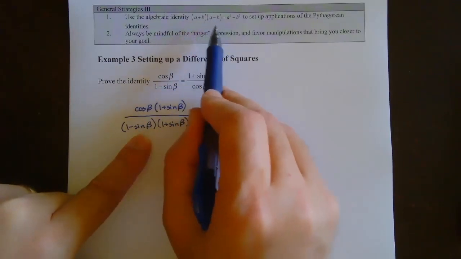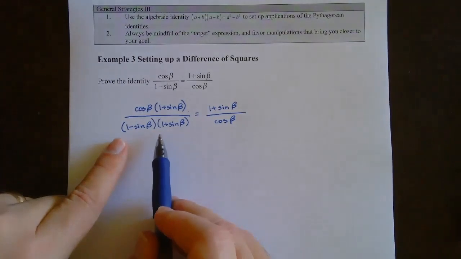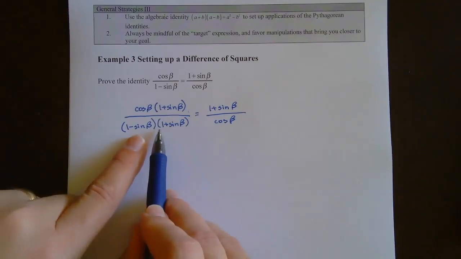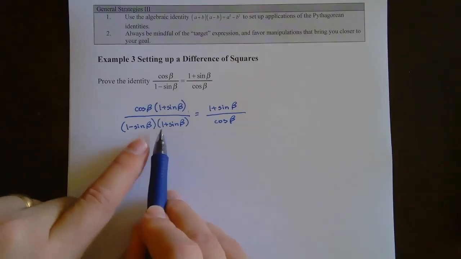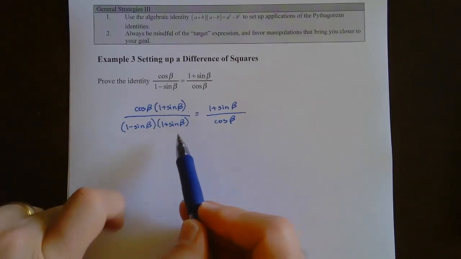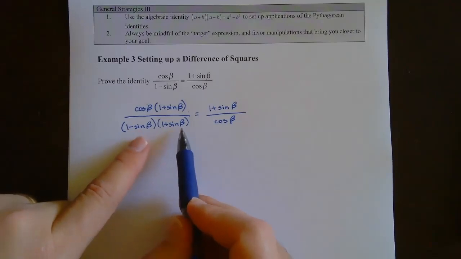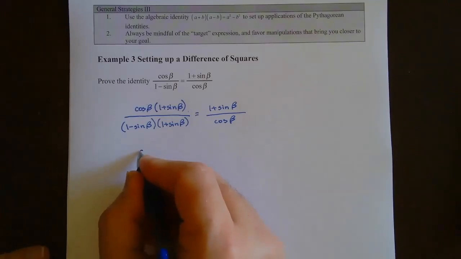When we multiply them, we get 1 times 1, and 1 times positive sine beta, which is positive sine beta. Then negative sine beta times 1 is negative sine beta. The positive and negative sine beta cancel, and we have a negative times a positive, so that's negative sine beta squared. I know that's a lot to say without writing anything.